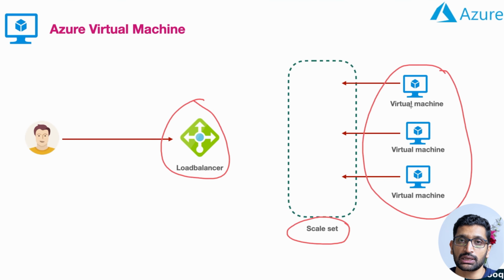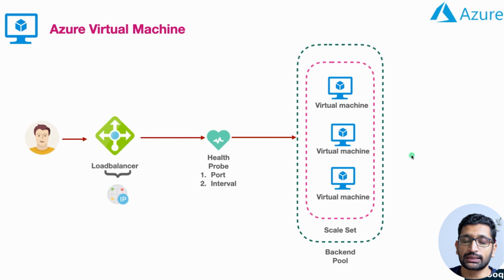Also with the help of the scale set, we will be able to connect all these things with our load balancer, so that our load balancer can easily point to this particular scale set, and all the virtual machines running inside the scale set will automatically get the requests routed through the load balancer. So you don't need to worry about how the incoming requests are getting routed to these virtual machines. Now, when you create the scale set, you are going to define a backend pool.